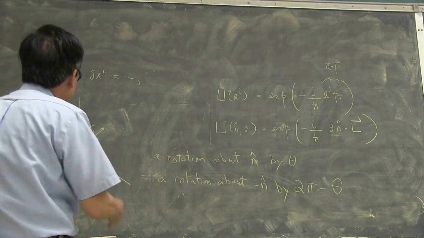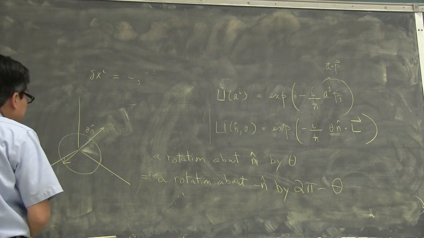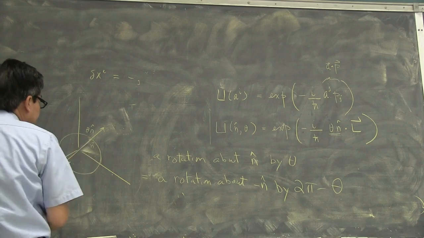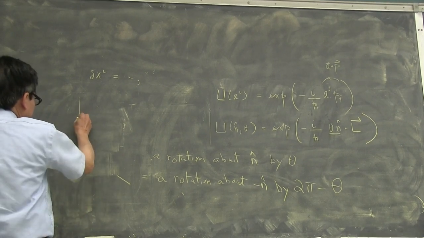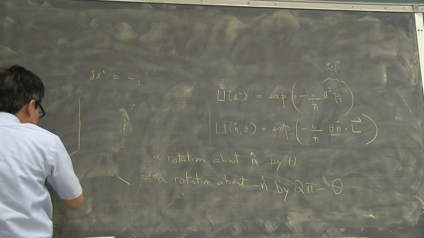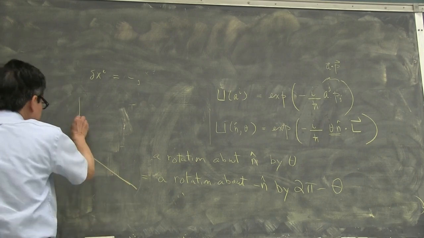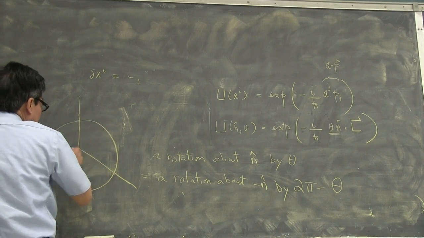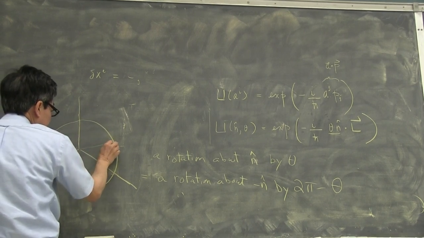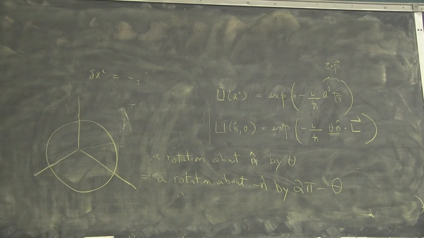So in order to specify all the possible rotations, I can take a sphere of radius pi. I can draw a sphere of radius pi. So this radius is pi in here.